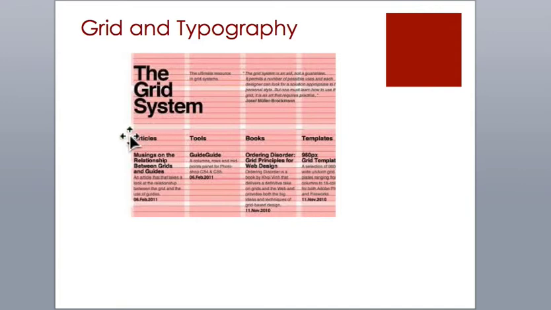So the baseline grid will have the size of the font size itself, as well as the leading, or the line spacing between it. So if it's 12-point type and we have 2-point leading, that's called being set 12 on 14. If we have 4 points leading, it's 12 on 16, and so on.